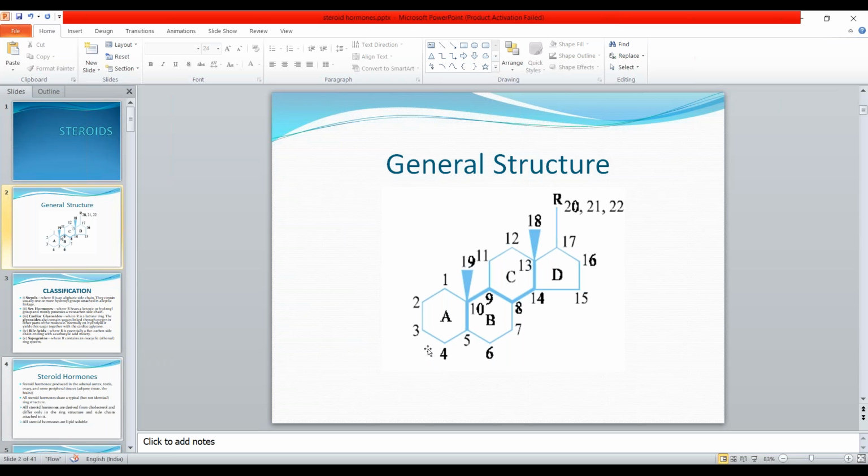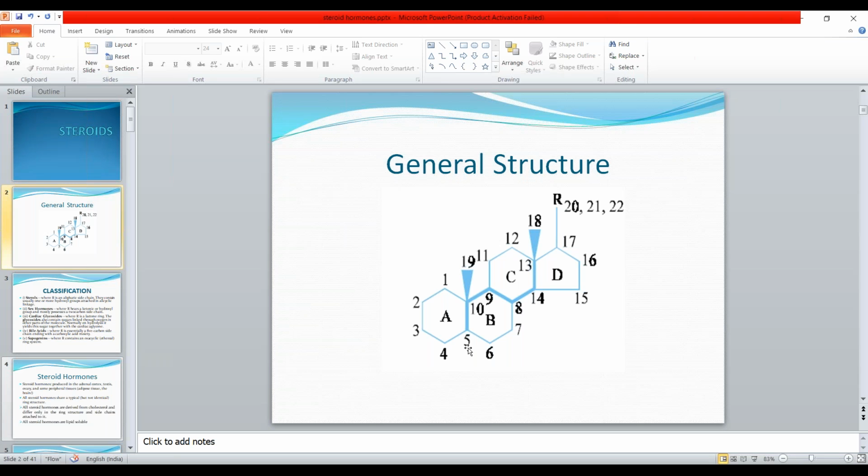So quickly draw this structure and say that you have a hydrogen. Draw a dotted line at this 5th carbon atom, and say that you have hydrogen substituted over here. When you have hydrogen substituted over here, you call it 5-alpha steroid.